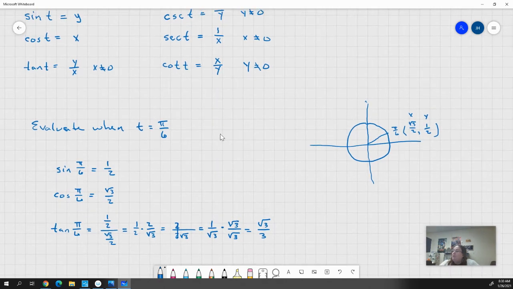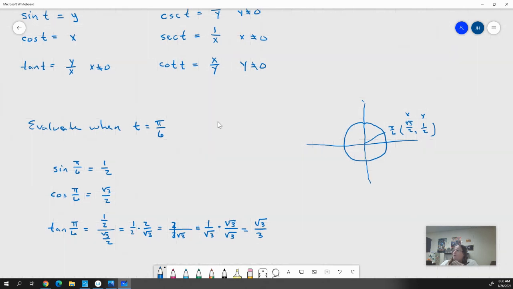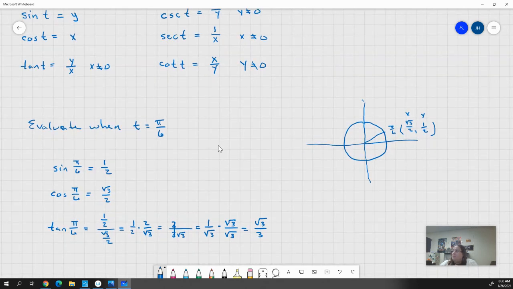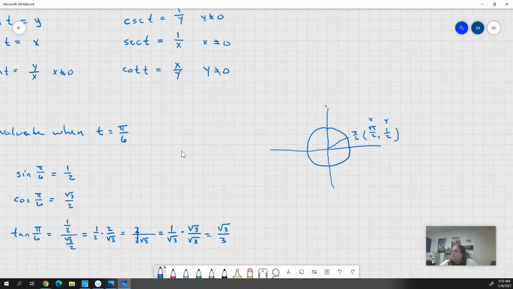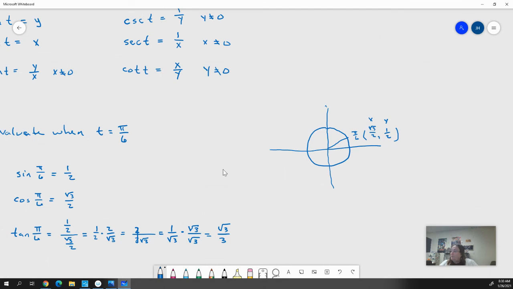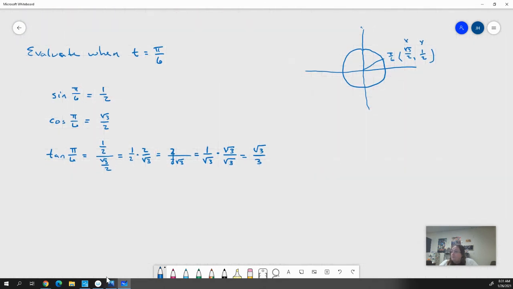Here's the thing. We set out to evaluate all 6 trig functions. So we also need to look at the cosecant, right? And the cosecant is 1 over y. So we're going to go cosecant of pi over 6 equals 1 over y.